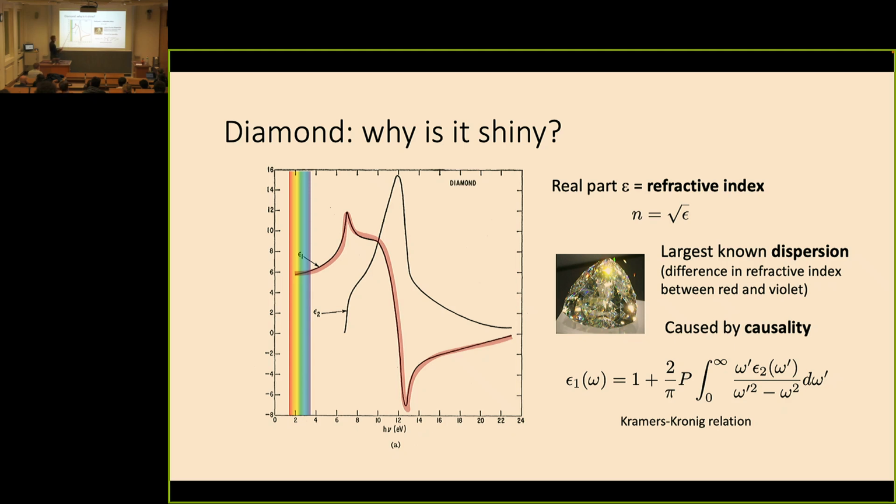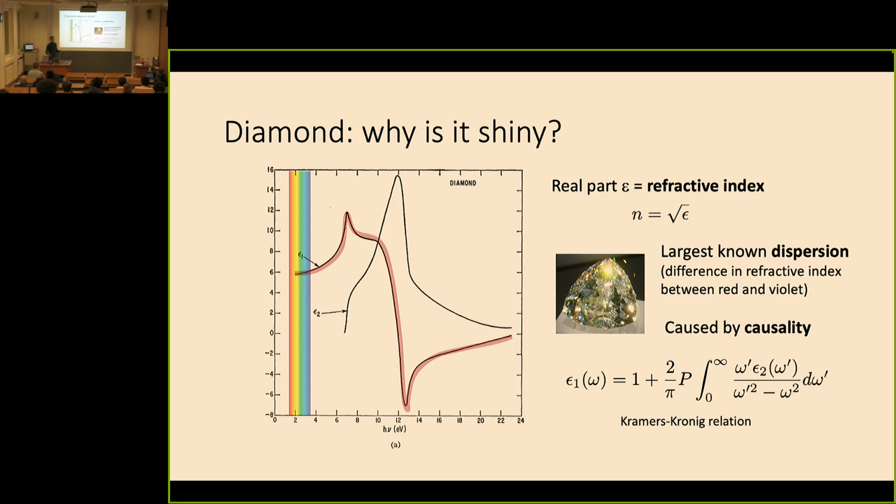So you see it here. This goes as 1 over omega minus 6.5. So around 6.5, this shoots up, because epsilon2 starts discontinuously. And because that's relatively close in energy to visible light, the real part of the refractive index changes drastically in the region where you have visible light.